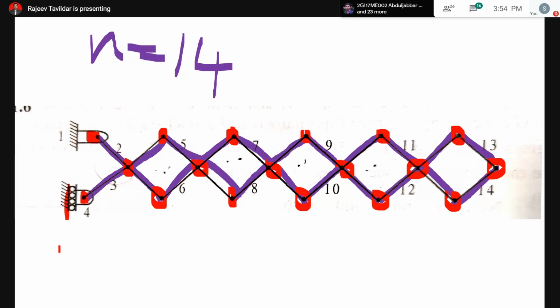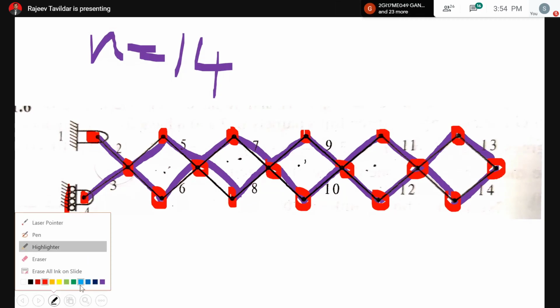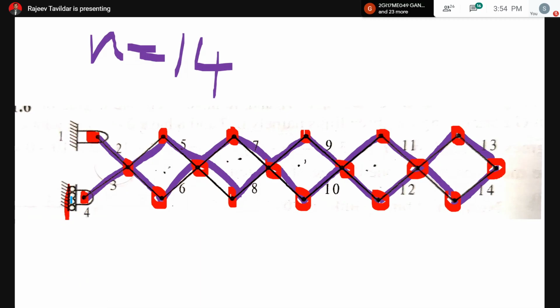Now I'll first identify the joints which have 2 degrees of freedom. If I highlight the last one which I have done, that is the rollers, it is nothing but link 4 and link 1. How many degrees of freedom does it have? It has 2 degrees of freedom. Why?